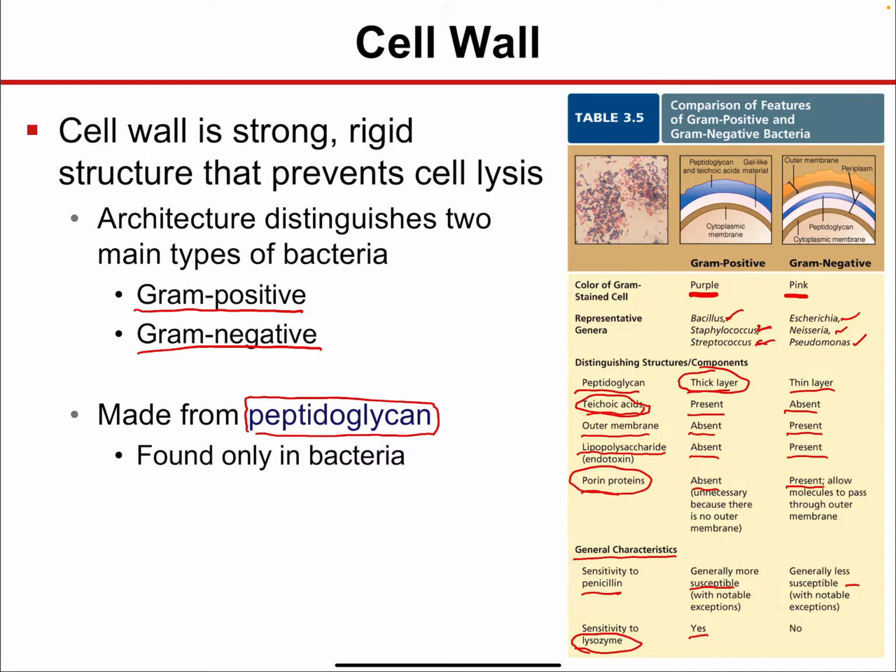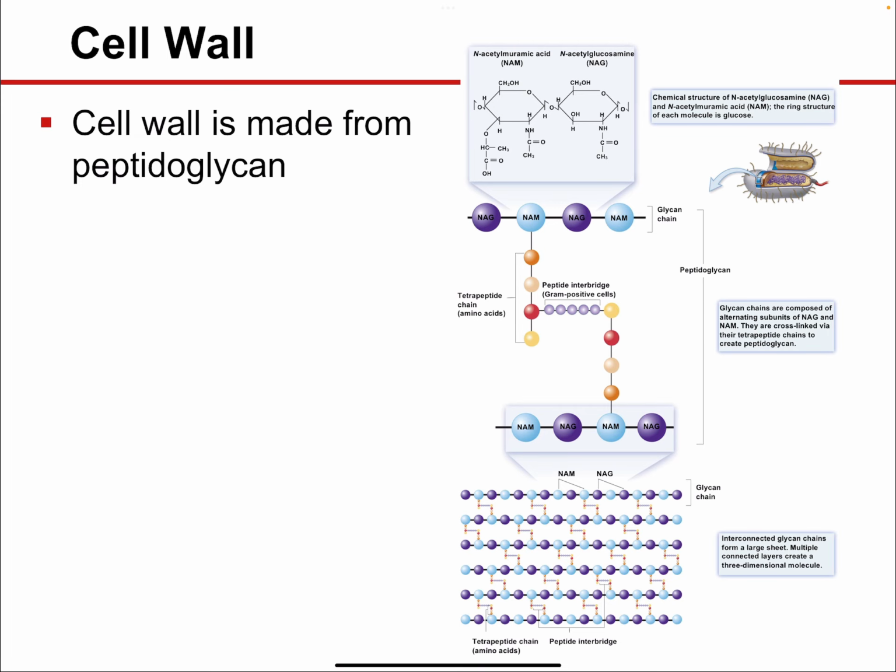Okay, lysozyme is able to break down the peptidoglycan, while because the peptidoglycan is not extremely relevant in gram-negative, they are not going to be sensitive to lysozyme. So lysozyme is going to attack gram-positive heavily because it breaks down the peptidoglycan, while gram-negative are not going to be so much attacked.